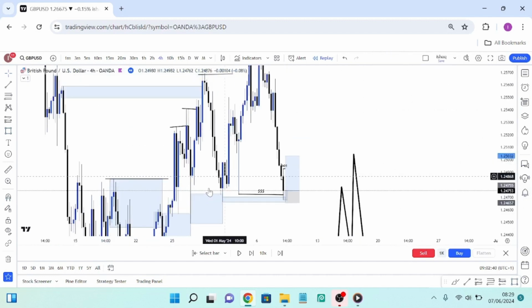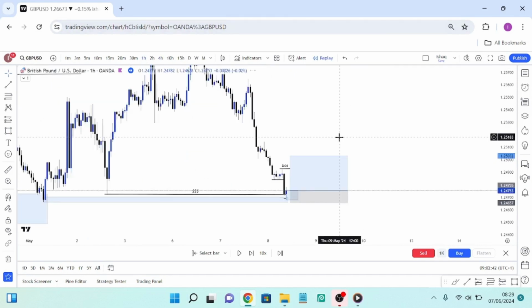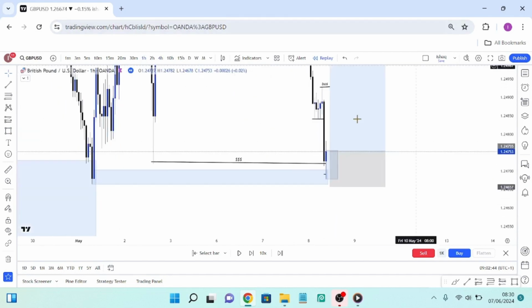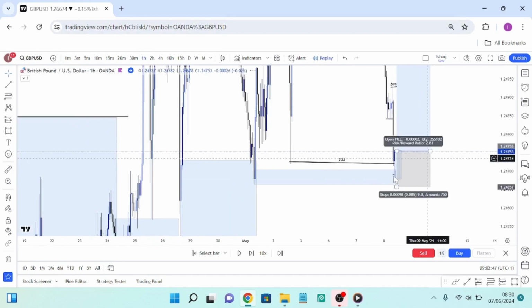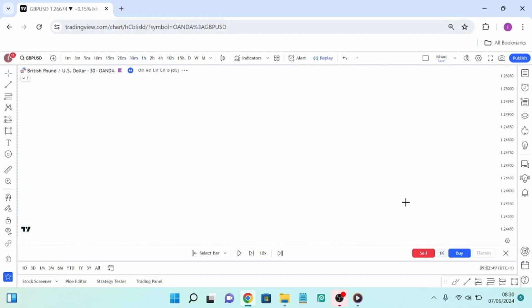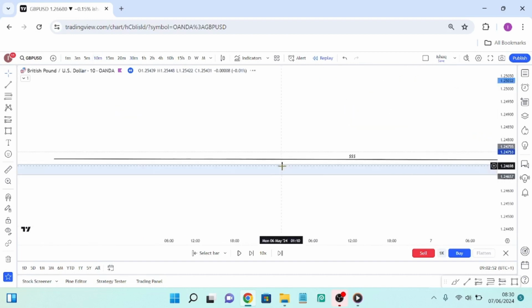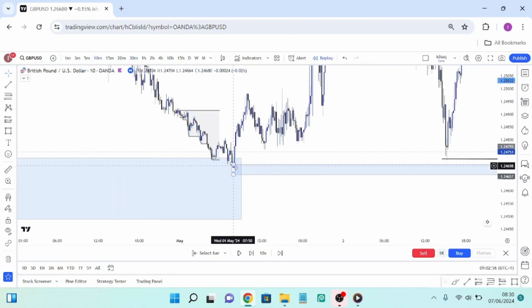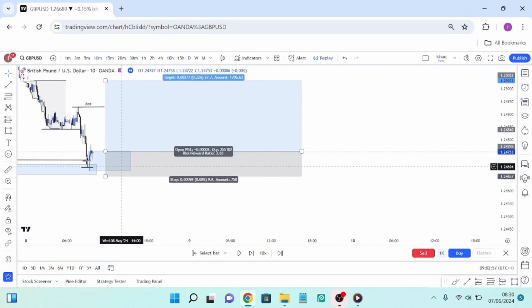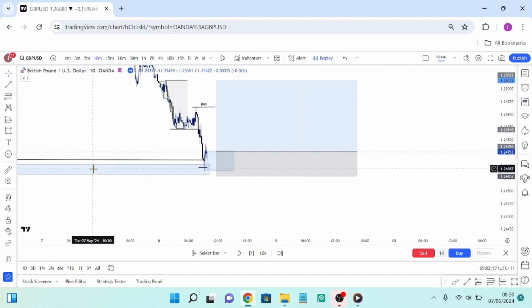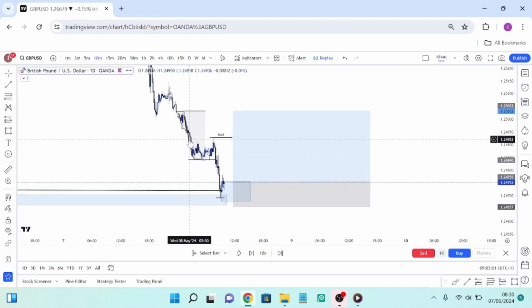Now, when the market keeps breaking structure, I went into the lower time frame on the London session. On the London session, I see the market had tapped into this order block on the 10-minute right here. This 10-minute order block tapped in and induced this liquidity, as well as pushed past an area of equal lows of Asian liquidity.